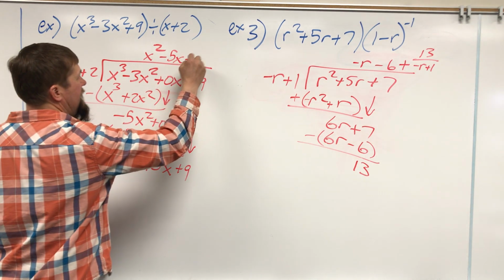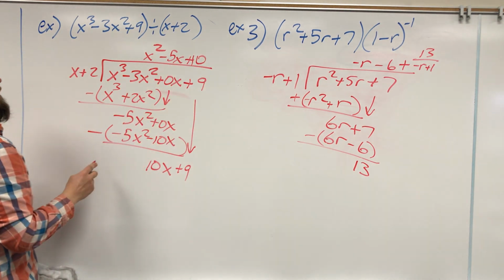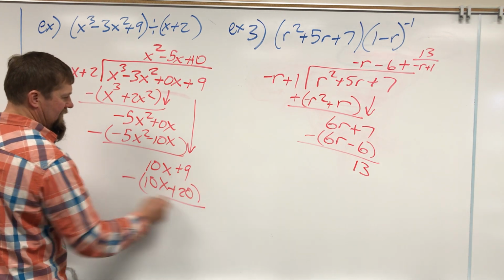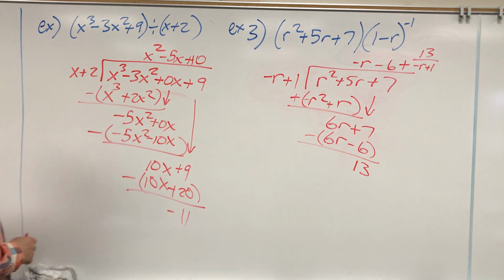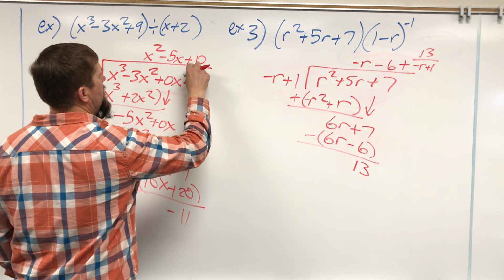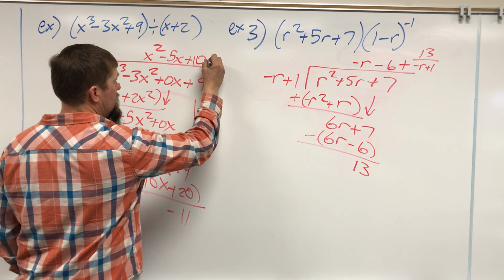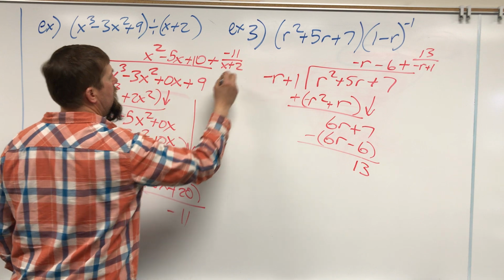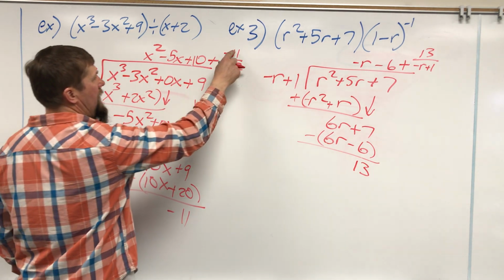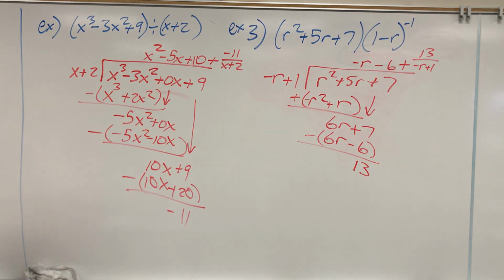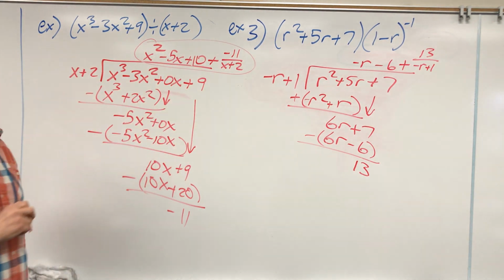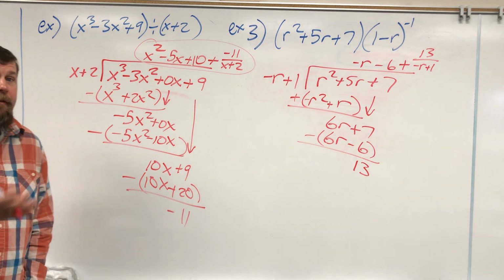X times 10, so 10x plus 20. Subtract, we get negative 11. That is my remainder. So I can either do a plus negative 11 over x plus 2, or we can subtract positive 11 over x plus 2. But there is my quotient. Okay, hopefully that helps.